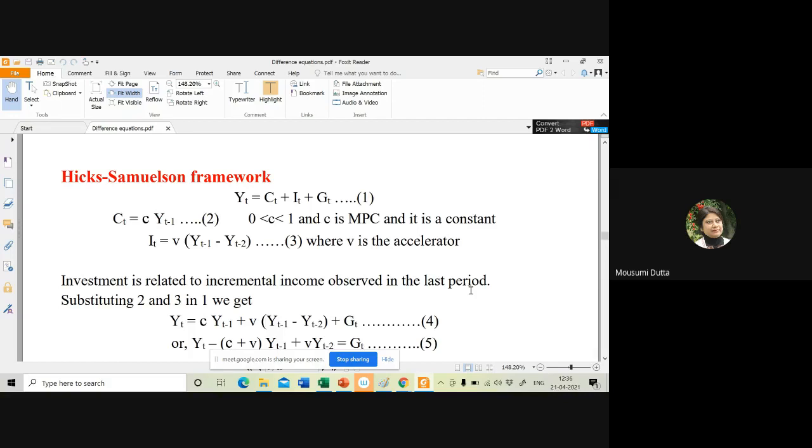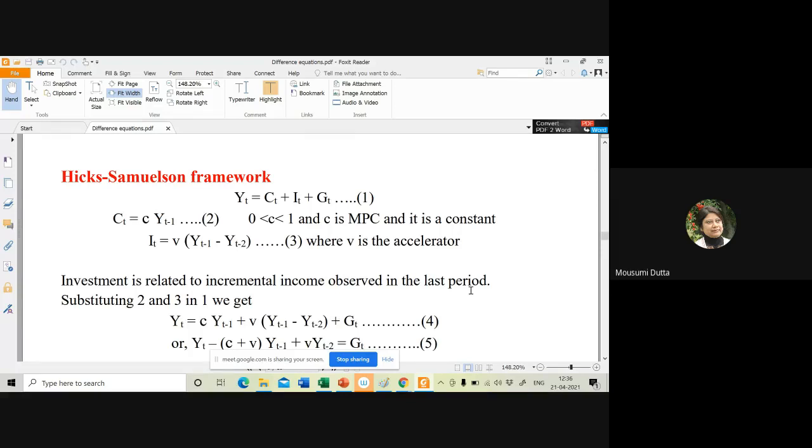C_t is equal to small c into Y_{t-1}. In that sense, the consumption equation is similar. The beta which I used in the context of Samuelson's framework indicates the MPC, marginal propensity to consume. Hicks clearly mentioned C_t = c Y_{t-1}, where c is greater than 0 and less than 1 and indicates marginal propensity to consume.